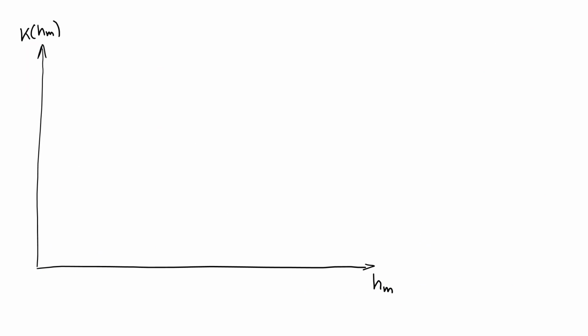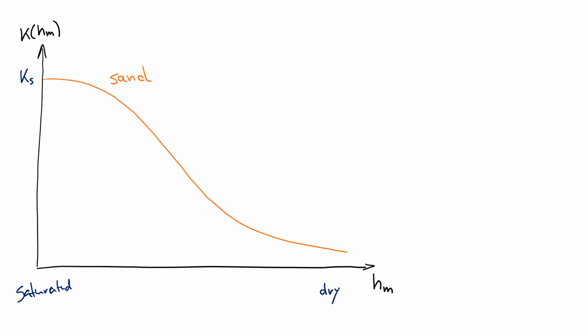So now let's see how the hydraulic conductivity changes as we go to lower water contents or more negative matrix potentials. We'll start out with the sand. The maximum value of hydraulic conductivity that we see at saturated conditions corresponds to the saturated hydraulic conductivity. And as we go to drier conditions, the hydraulic conductivity decreases.